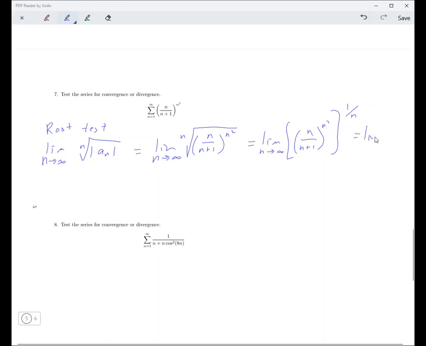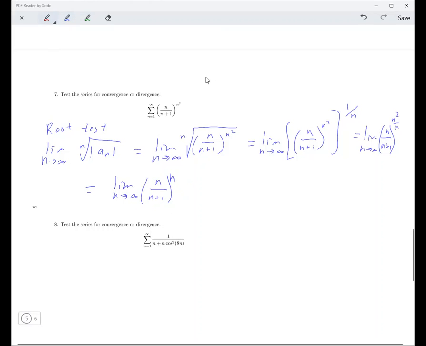Which is going to be n squared over n. You multiply these together, multiply exponents like that. So then we have this right here. And it's really hard to see what that's going to be.